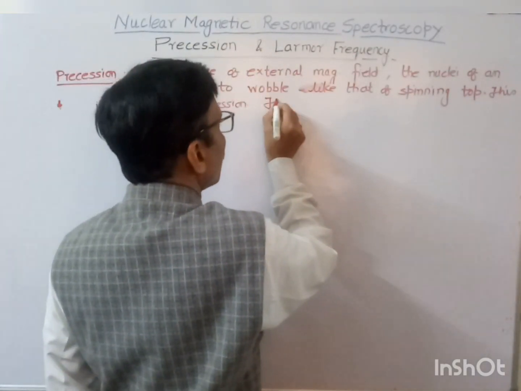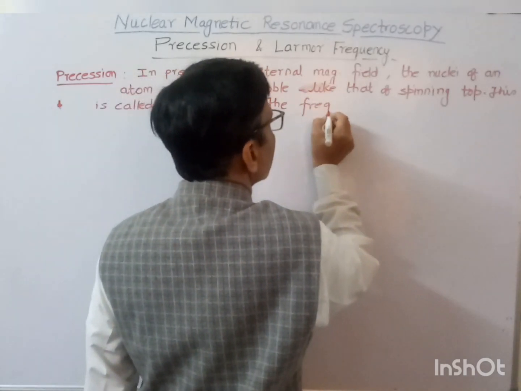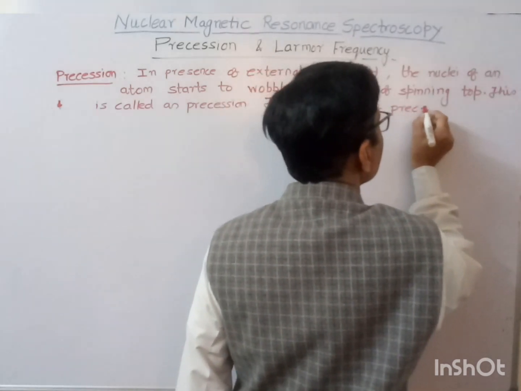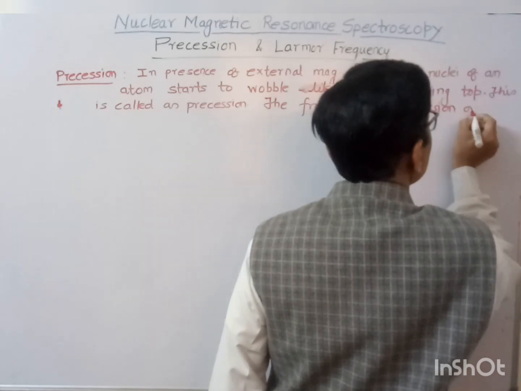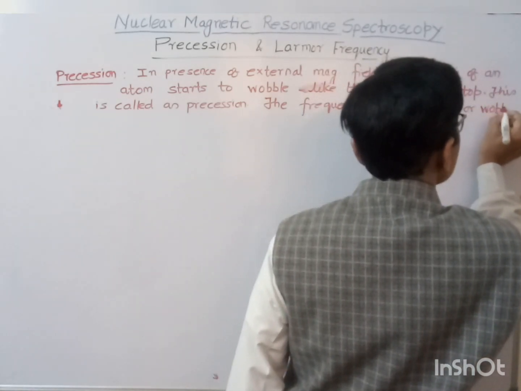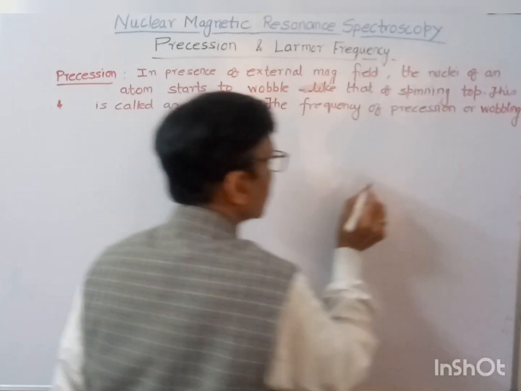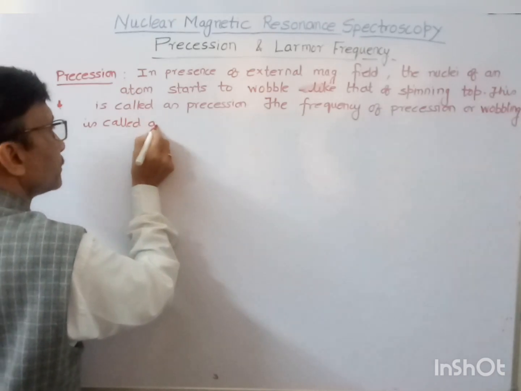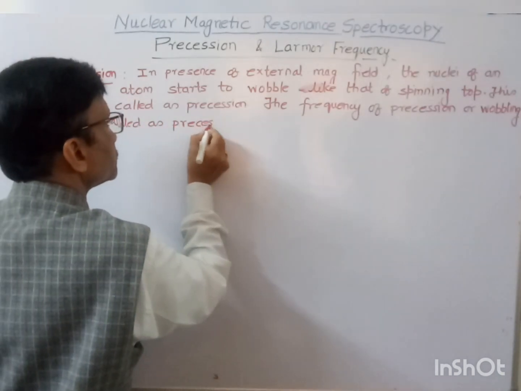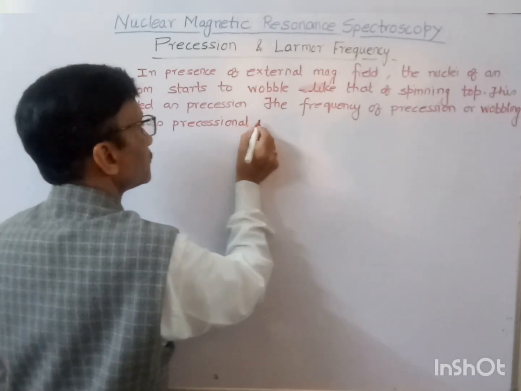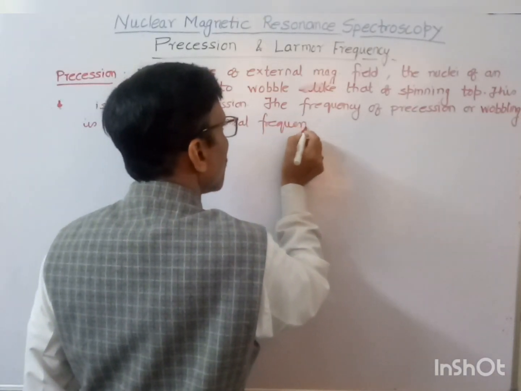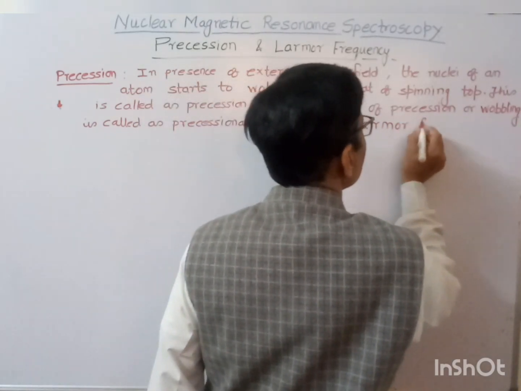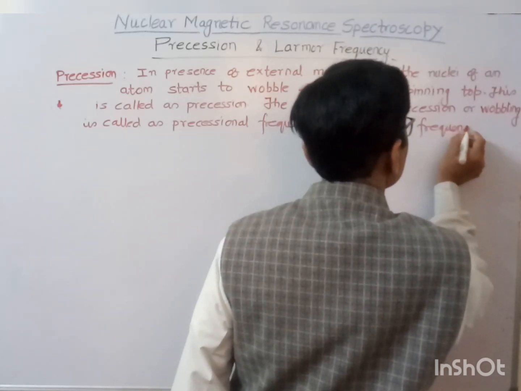So the frequency of precession or wobbling is called precessional frequency, or Larmor frequency.